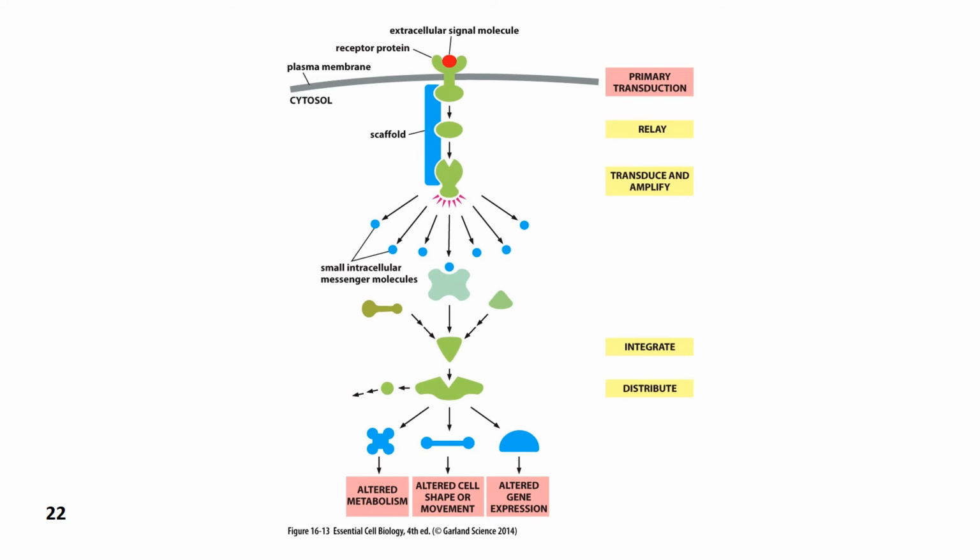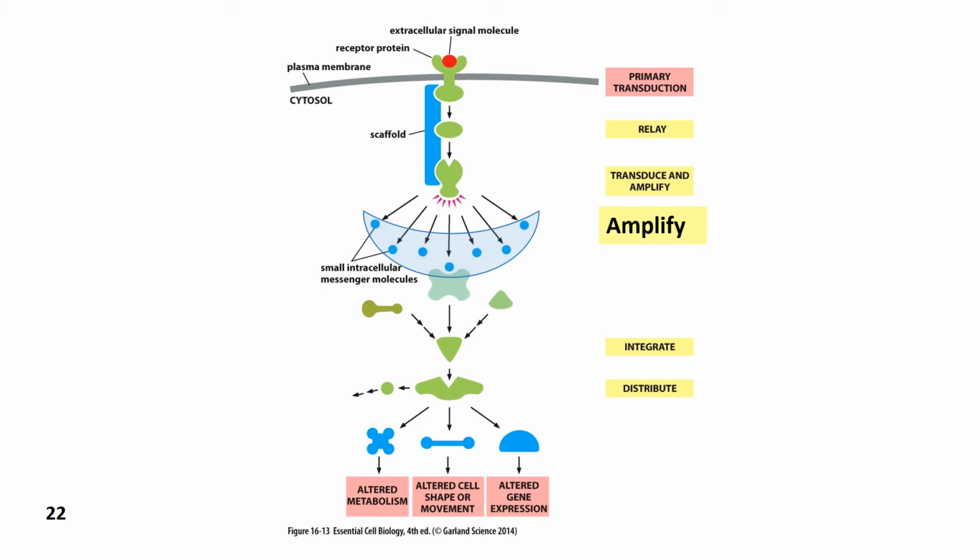That is because a single extracellular signaling molecule binding to a receptor will ultimately activate a number of second messenger molecules, and each of these second messenger molecules can subsequently activate downstream effector proteins such that the cellular response is amplified, meaning that a single signaling molecule can induce a pretty large response in a target cell.